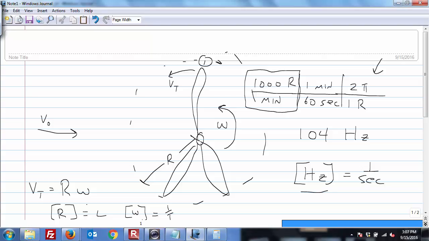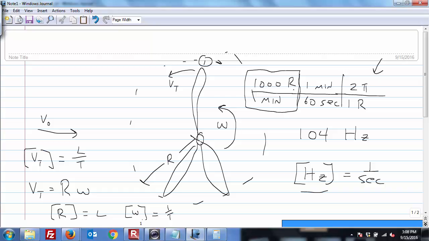So when I multiply radius times angular velocity, I get meters per second. So obviously the dimensions of tip velocity equal length per time, and it works out.